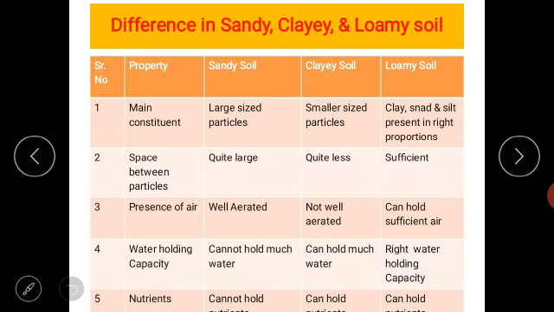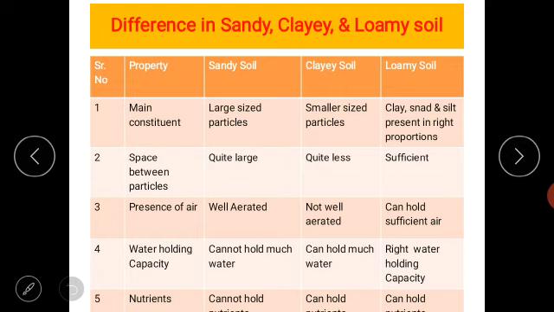Now in this lecture we will study the difference between sandy, clay and loamy soil. So what is the difference between these three types of soil? Let us study. As I have listed this in tabular form, on the left side first is the serial number and then the properties of the soil.